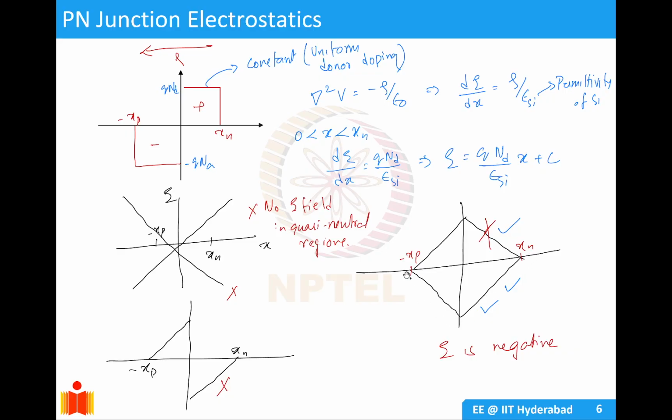It won't look like this, because in this region your electric field first goes negative and then goes positive, but it's starting from a negative value, so it remains in the negative region. Hence in this whole depletion region, your electric field remains negative, which means it's pointing to the left for this whole depletion region.